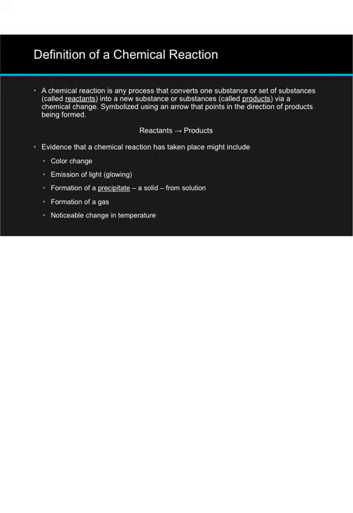We always depict the transformation of reactants to products using an arrow that points in the direction of new stuff that's made. So reactants become products. It's through this arrow that all the magic of a chemical reaction happens.